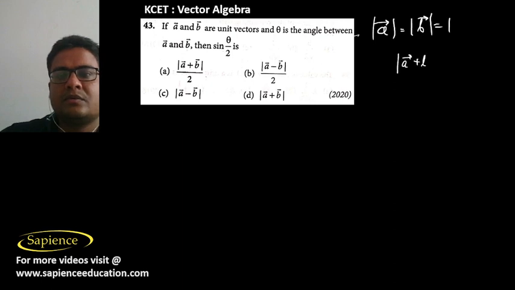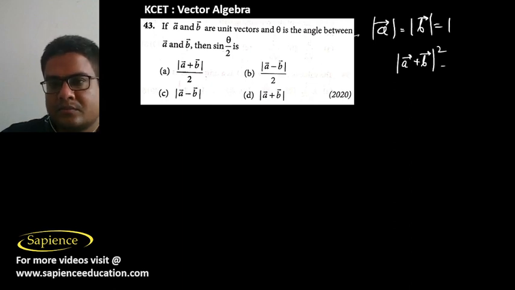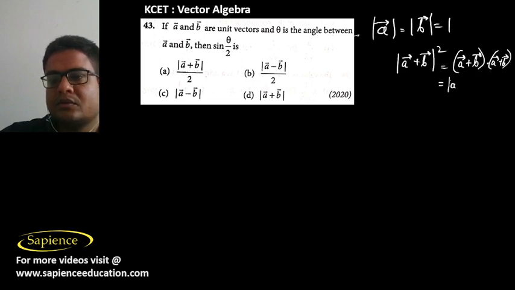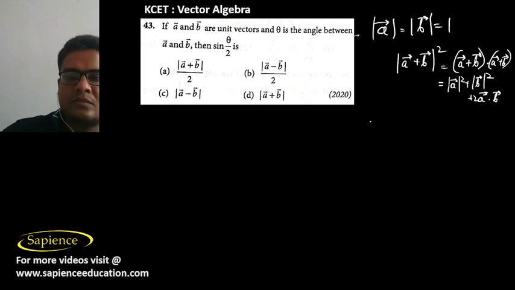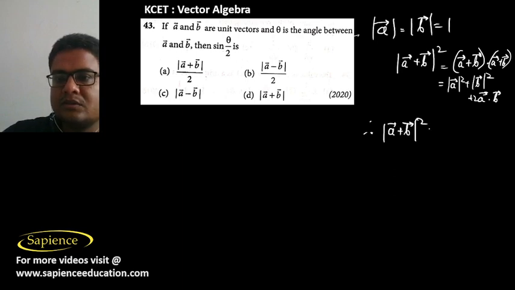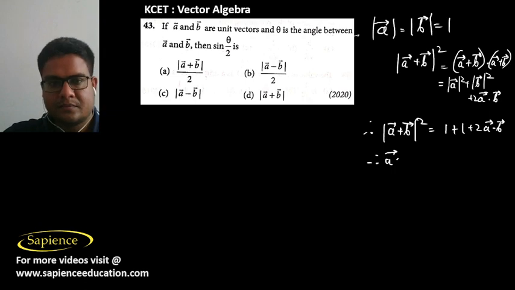So magnitude of a plus b whole square, that is equal to a plus b dot a plus b, that is equal to mod a square plus mod b square plus 2a dot b. Therefore, mod of a plus b whole square is equal to 1 plus 1 plus 2a dot b.